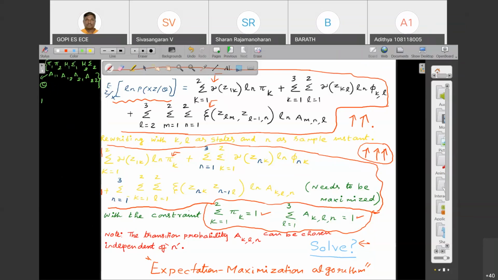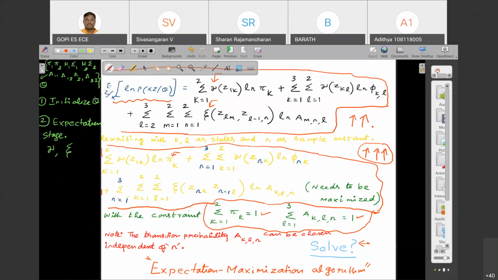The first step is to initialize theta. You are going to have some arbitrary value for initializing this theta. Using this, you go to the expectation stage, which means you find the value of gamma and zeta using this theta.